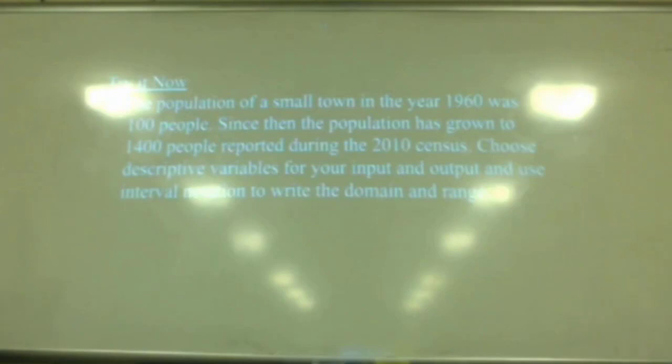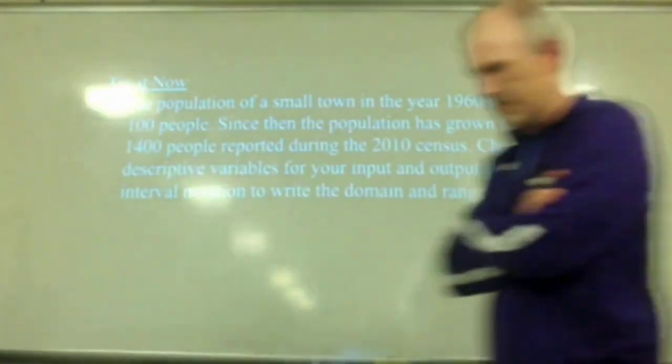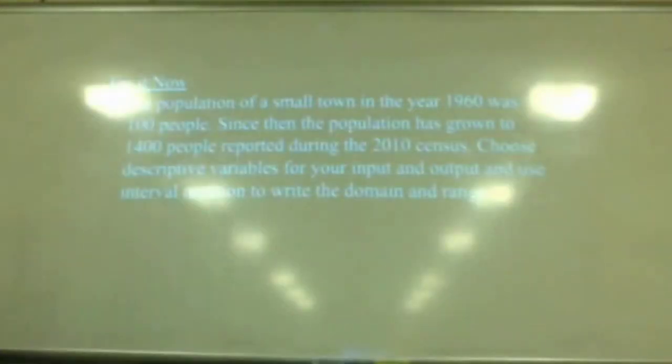Which pieces of information here would you consider the input? What do you think? And remember, input is like the one that determines the output. What do you think that would be? 1960. Yeah, it's the year. 1960. Does that make sense?